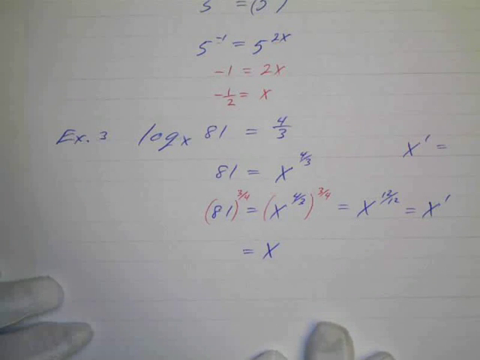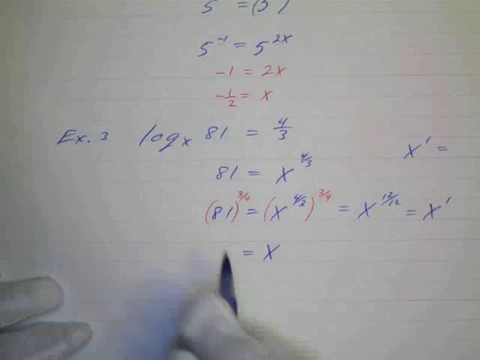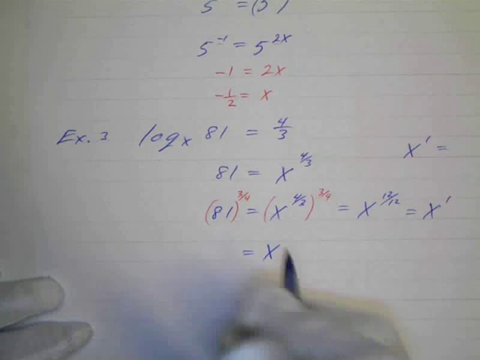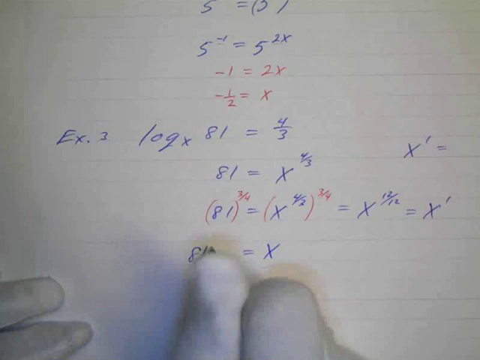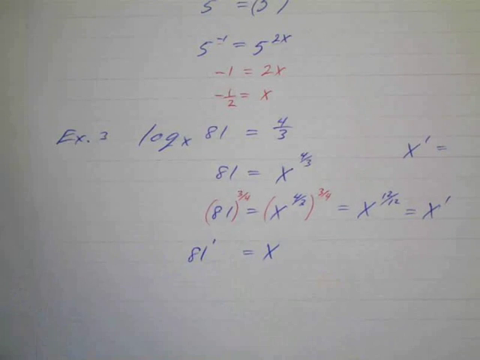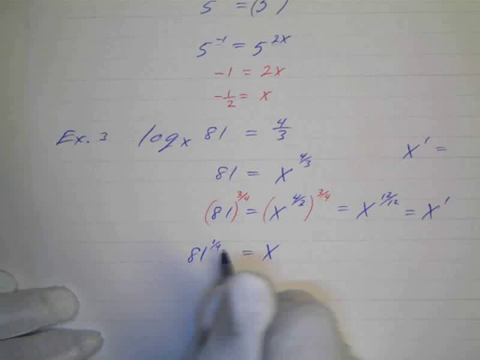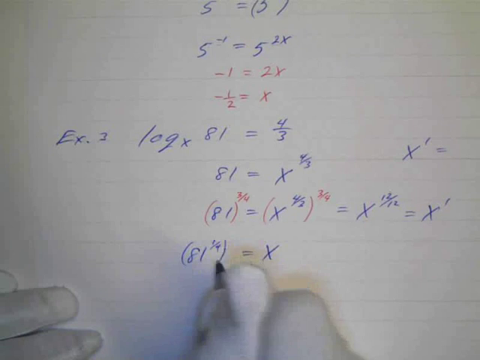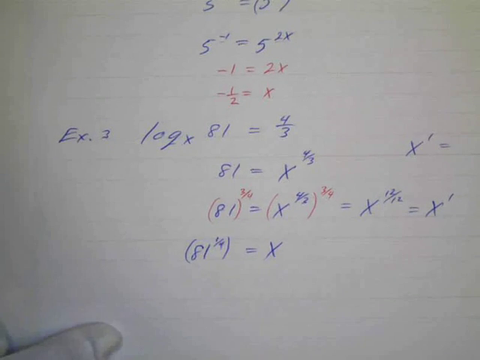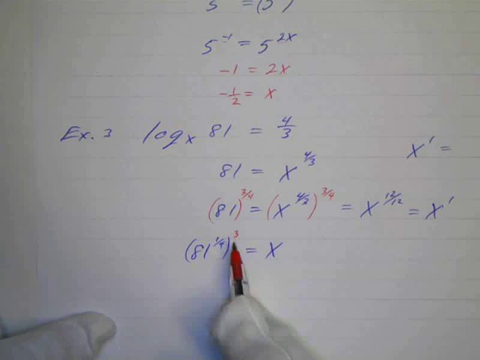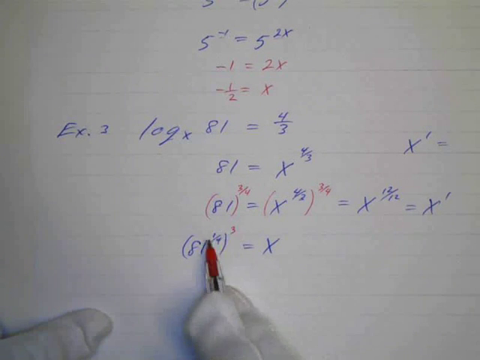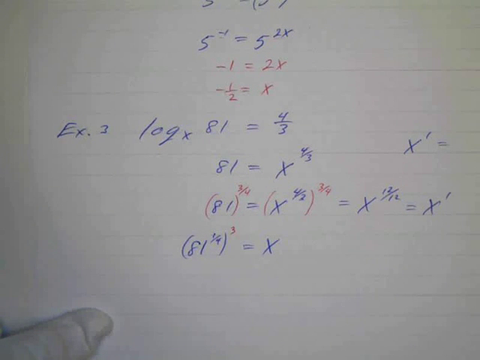Now, what's 81 to the 3/4 power? Well, remember what we have to do is we want to root first, power second. So I'll rewrite this as 81 to the 1/4 power, and then all cubed. Now remember, when we're raising the powers, we multiply the exponents, so 3 times 1/4 is 3/4, so that's fine.